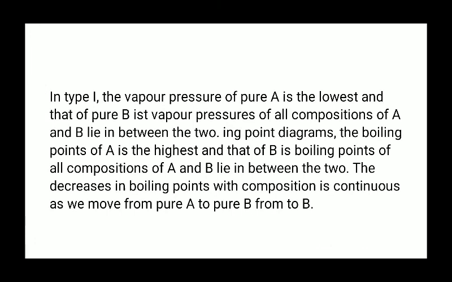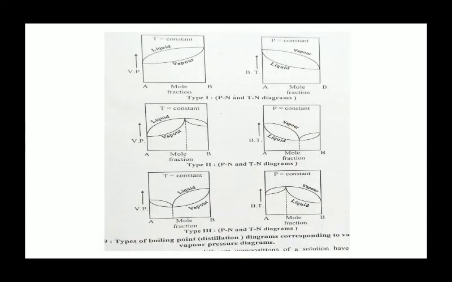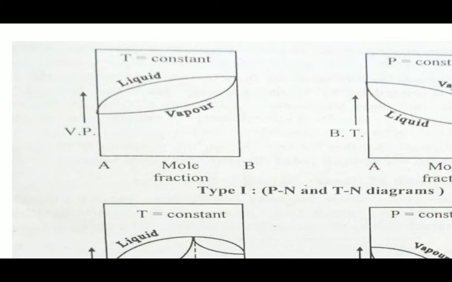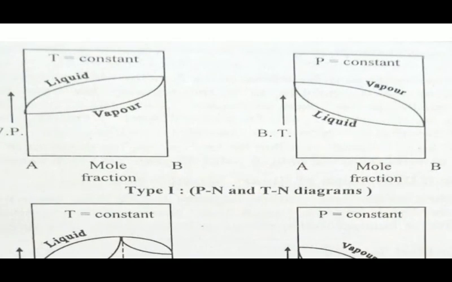In type first, the vapor pressure of pure A is the lowest and that of pure B is the highest, while the vapor pressures of all compositions of A and B lie in between the two.